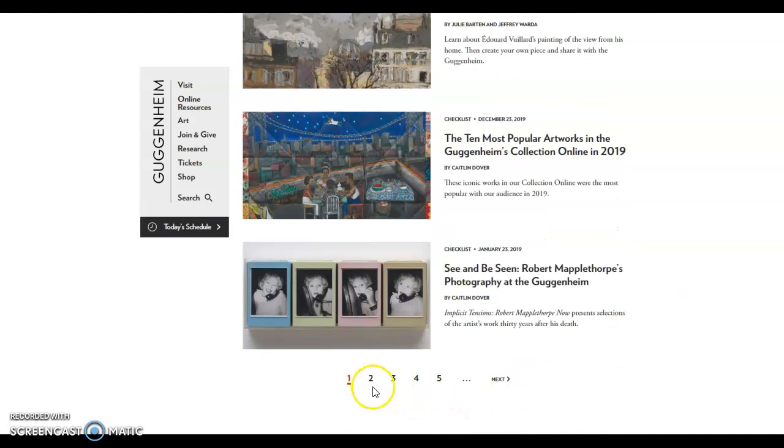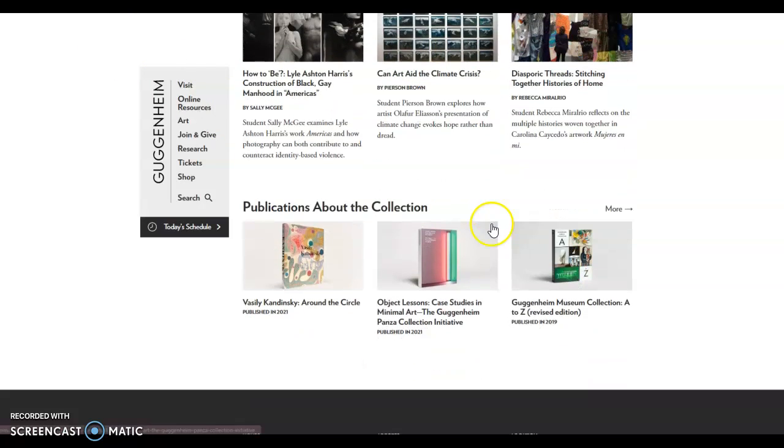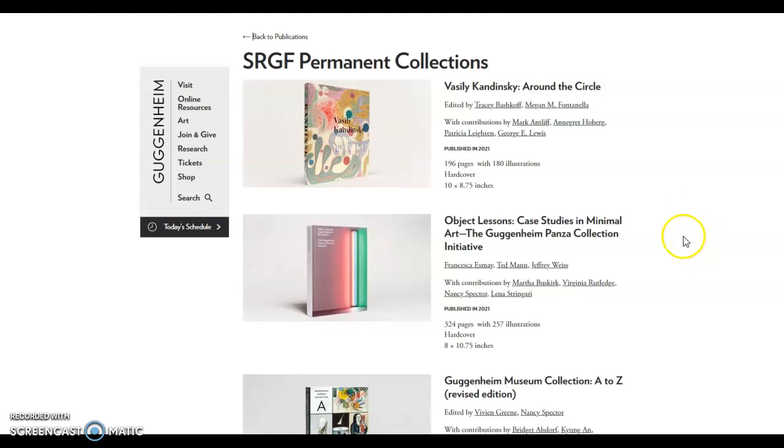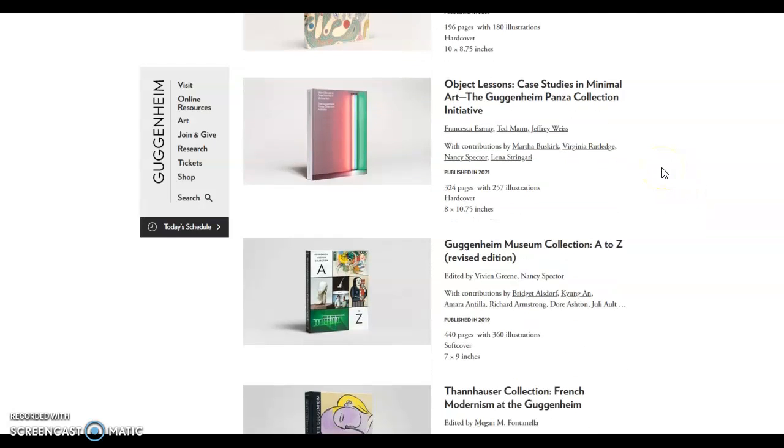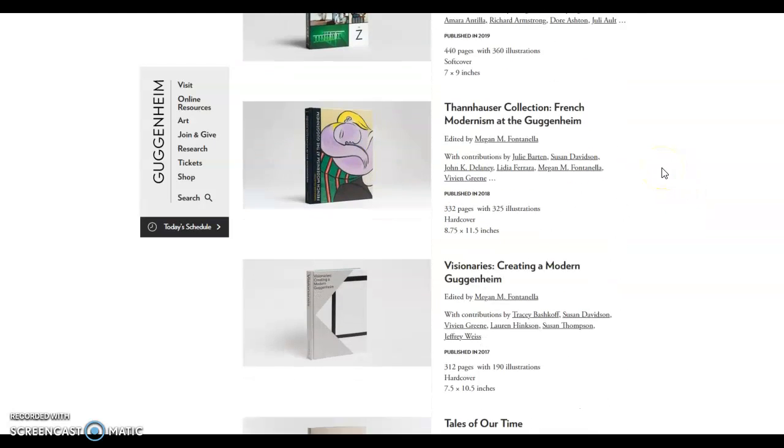And it looks like there's many pages here to go by. And then you also have here publications about collections. I found that there's a lot to offer as far as more education you could get on the art collections as far as books and so forth.